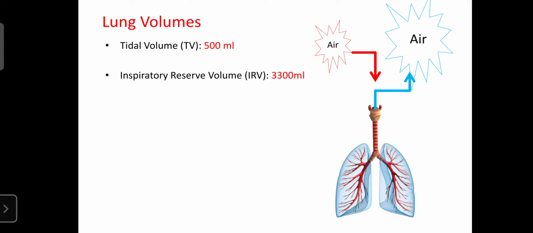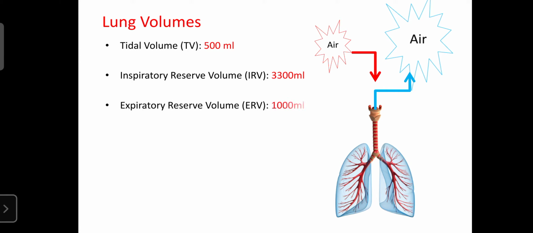That is known as the inspiratory reserve volume. That capacity is 3300 ml of respiratory gases, inspired forcefully after the 500 ml of tidal volume. It is denoted as IRV, and the normal range is 3300 ml.